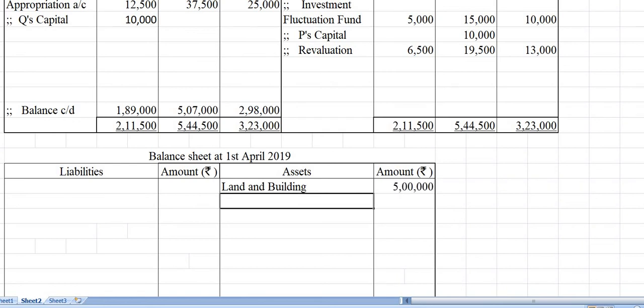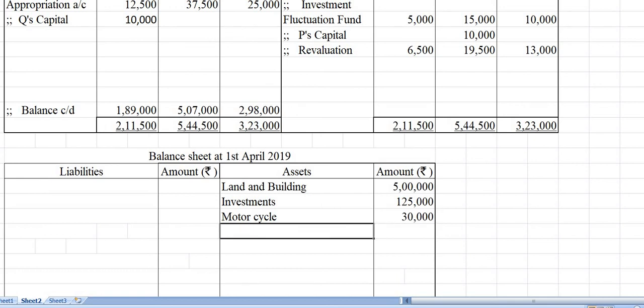Then comes investment. Investment we have 1,25,000. We can write the same amount because in order to adjust the decrease, we have transferred the amount from investment fluctuation fund. So investment, its book value will be maintained as it is. Then comes the next one, a new asset came, that is motorcycle, 30,000.